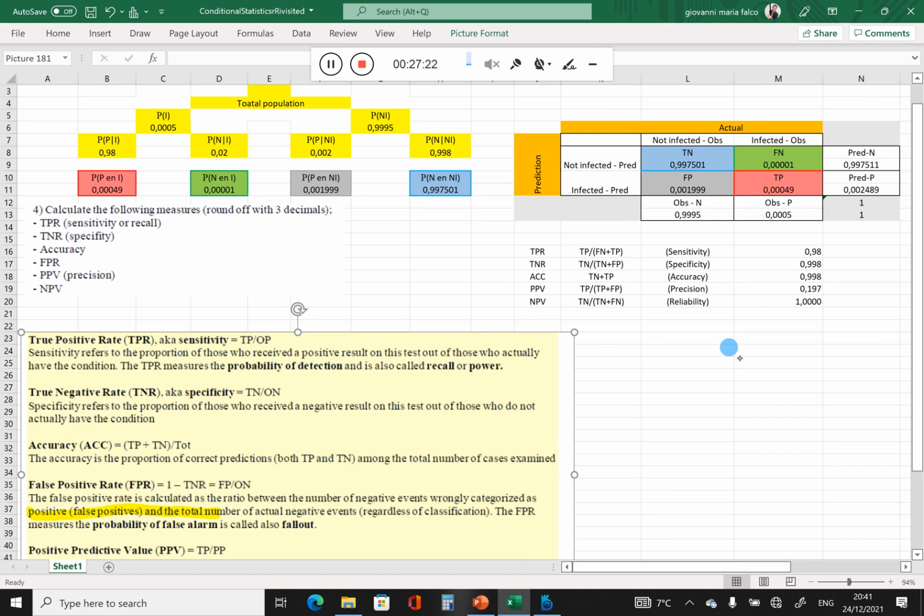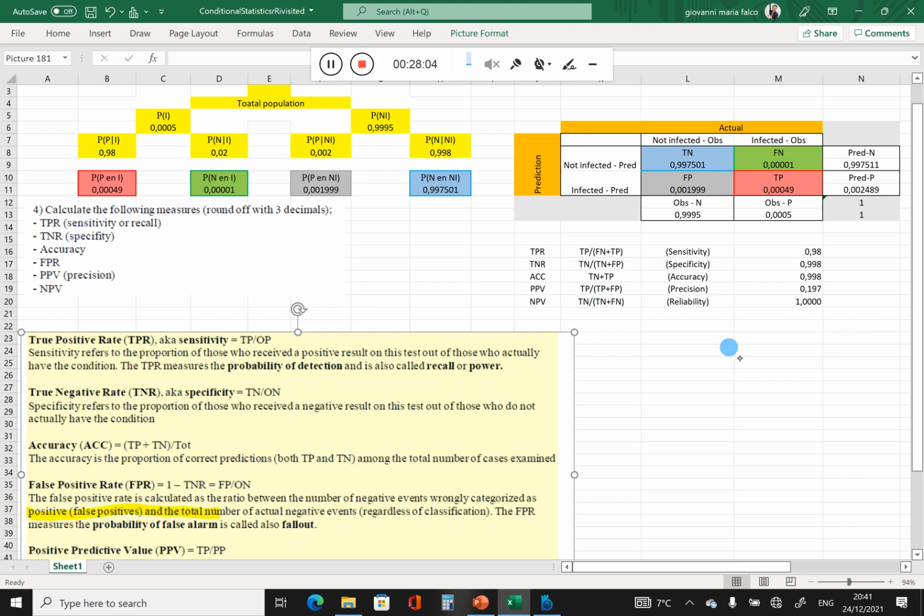A low precision means that I probably have a relatively large amount of false positives among the people who have been predicted positive. Of course, this is bad for somebody who gets a positive test result but is actually not infected. But it has no consequences for the society. Basically, this person should just stay home, and nobody gets problems because of that.